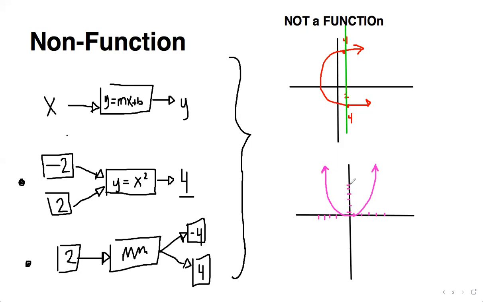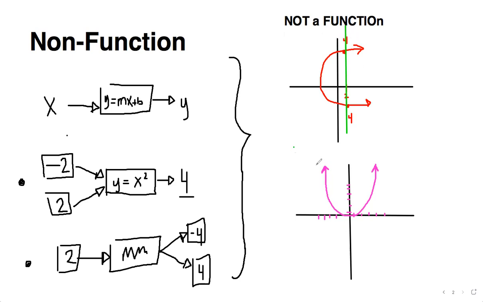So at first we might think, oh, this must not be a function, but we want to use the vertical line test, right? We might think this must not be a function because when I put in 2, I get out 4. And when I put in -2, I also get out 4.